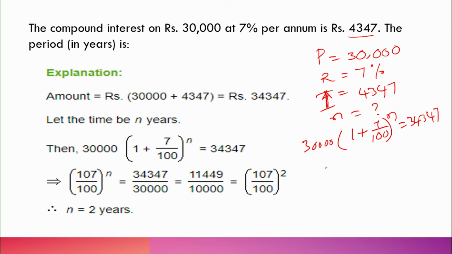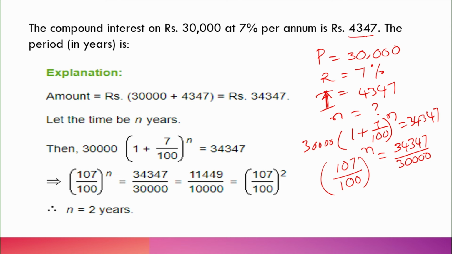So, 1 plus 7 by 100 whole power n, 100 plus 7, 107 by 100 whole power n is equal to 34,347 by 30,000, correct.